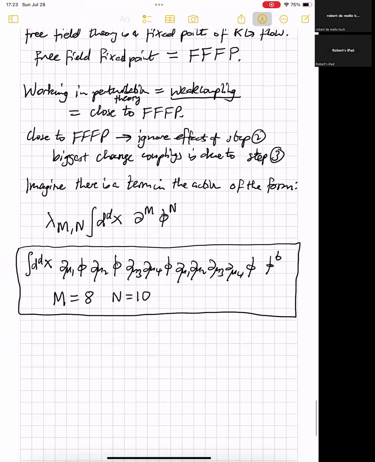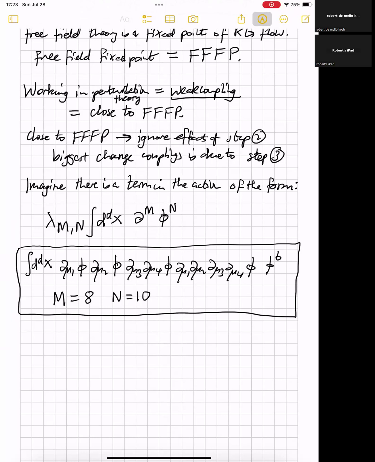Then what we might want to know is, let's say that we start to do an RG flow. So we do steps 1, 2, and 3, and then repeat 1, 2, and 3, and then repeat 1, 2, and 3. How will the coupling of this term behave? And we're going to answer this in the simpler setting where we're very close to the free field fixed point, so we can simply ignore the effects of step number 2.